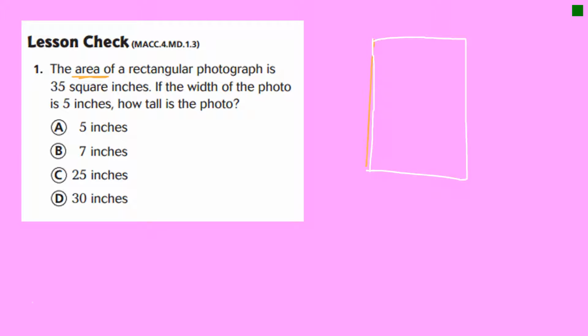They're just telling us area equals 35 square inches, right? The width of the photo, you see where I am reading? The width of the photo is 5. How tall?